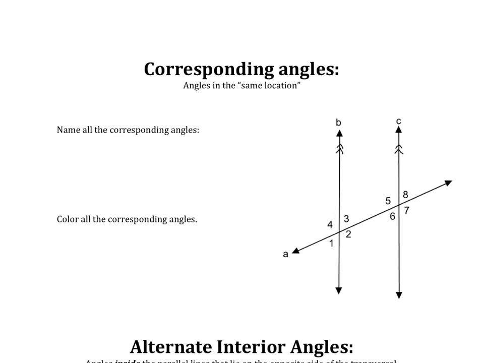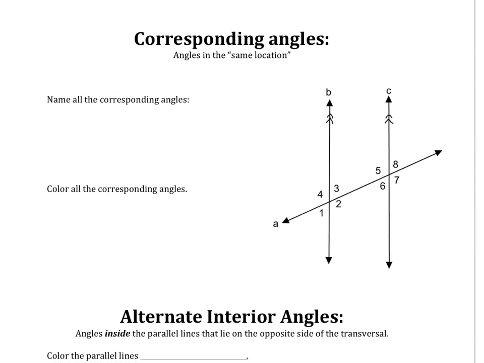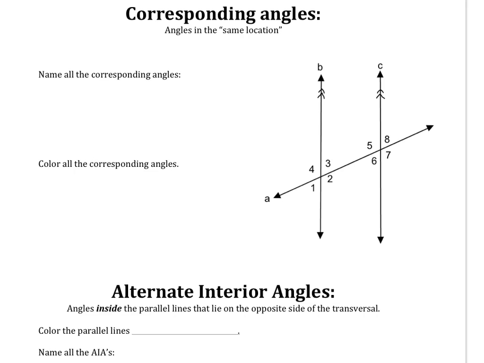Now we're going to talk about corresponding angles, and it says angles that are in the same location. So it says name all the corresponding angles. So if you look here, there's two lines that are parallel, B and C, and then there's a transversal, which is A right here. And when you cut two parallel lines with the transversal, you get corresponding angles.